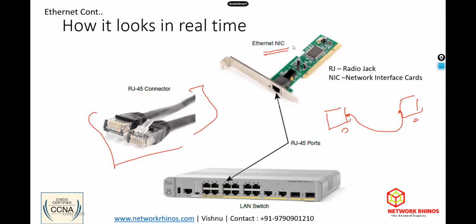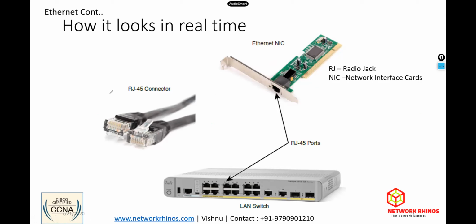Now, the Ethernet cable is made up of copper, so the communication is happening with the help of electrical signals, right? When I use a fiber cable, what type of signals are we using? Light signal, sir. Correct. We're using light signals. Mansi, you're right.